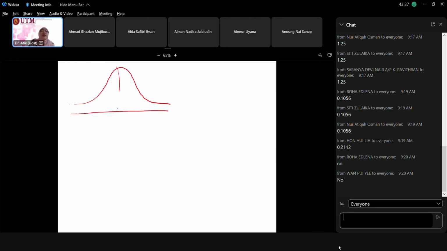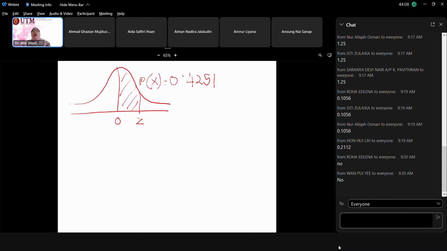So we have 0 here, and the area between 0 and Z, the probability, is equal to P(0 < Z < z) = 0.4251. So this is different from what we have done before.